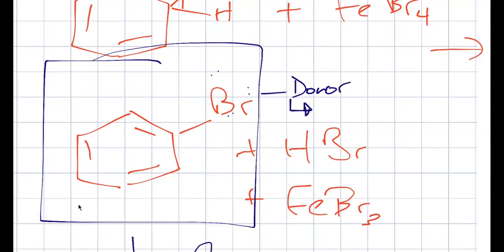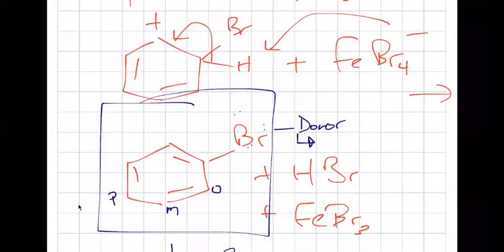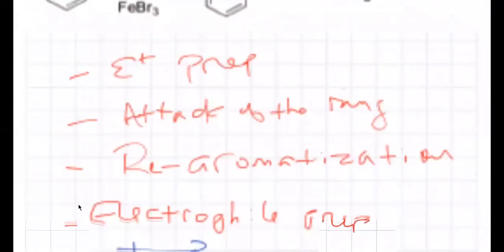Is it going to be ortho para, or is it going to be a meta director? Remember, this is ortho, this is meta, and then this is para. Let's go back up to what we talked about. Ortho para. It's an ortho para director.